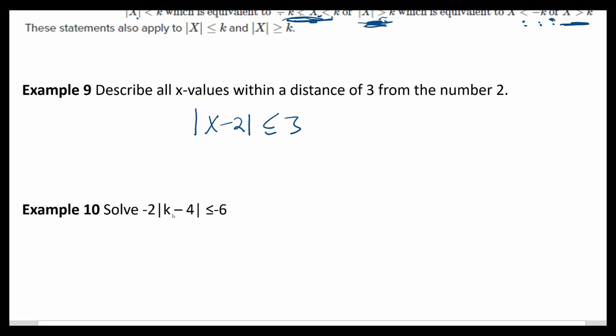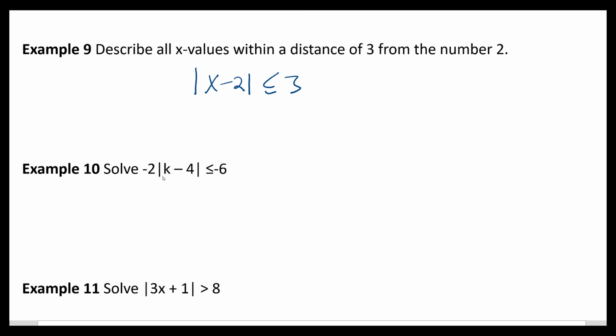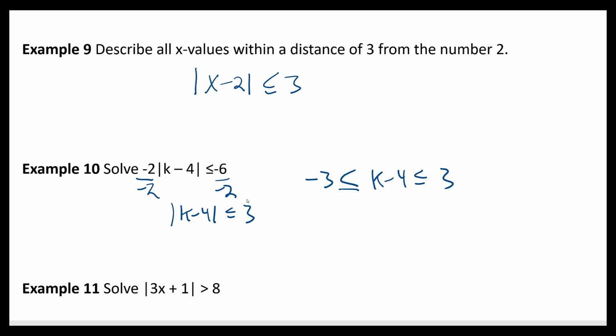Next one, we're going to solve negative 2 times the absolute value of k minus 4 less than or equal to negative 6. So I'm going to divide everything by negative 2 because I want this absolute value by itself. And I have the absolute value of k minus 4 is less than or equal to 3. So less than means and, so I could say negative 3 is less than or equal to k minus 4 less than or equal to 3.